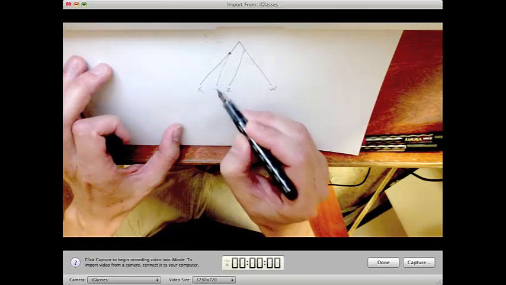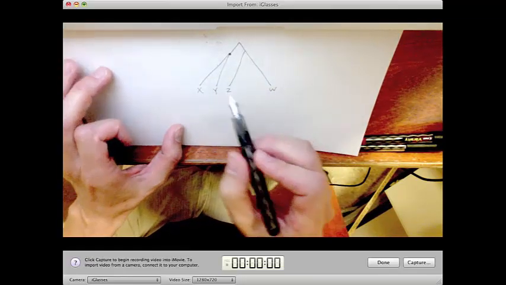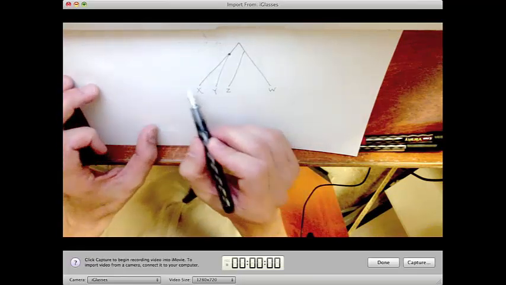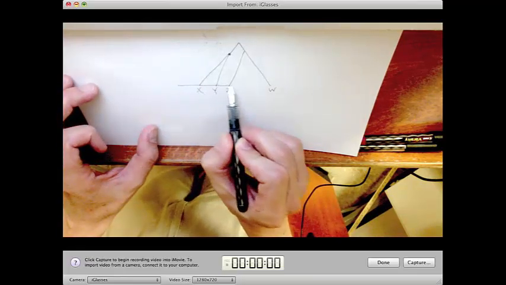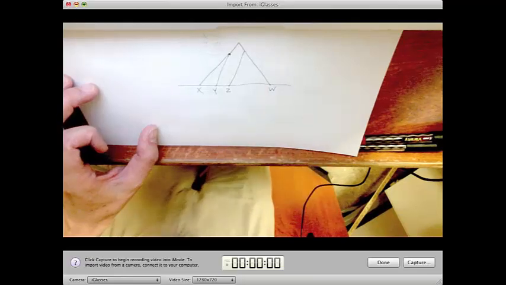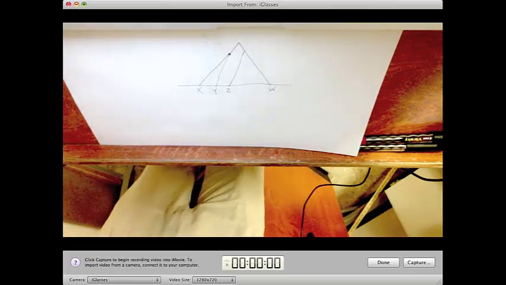X, Y. So this is drawn to indicate that these are all at the same time point, modern sequences.